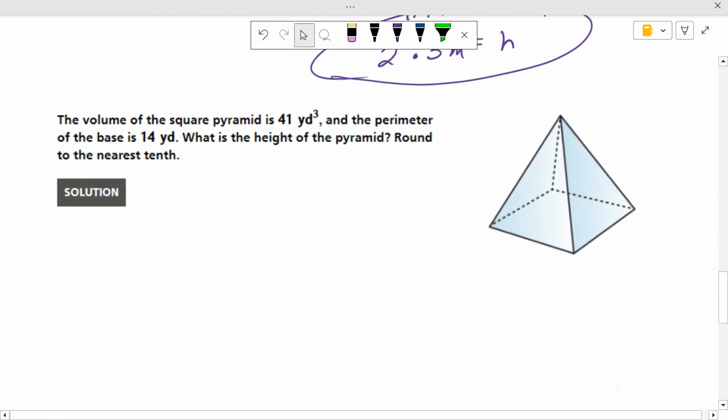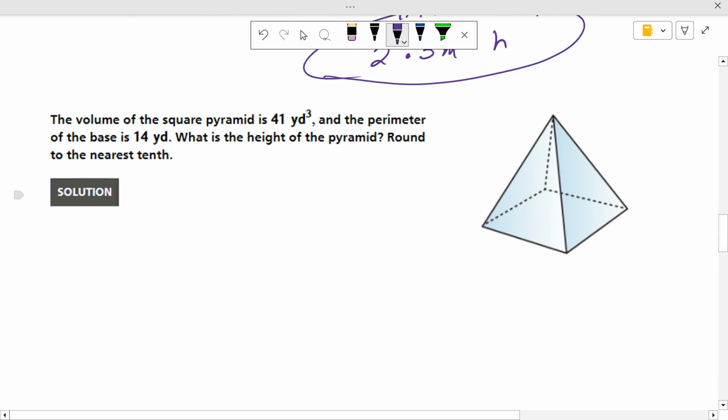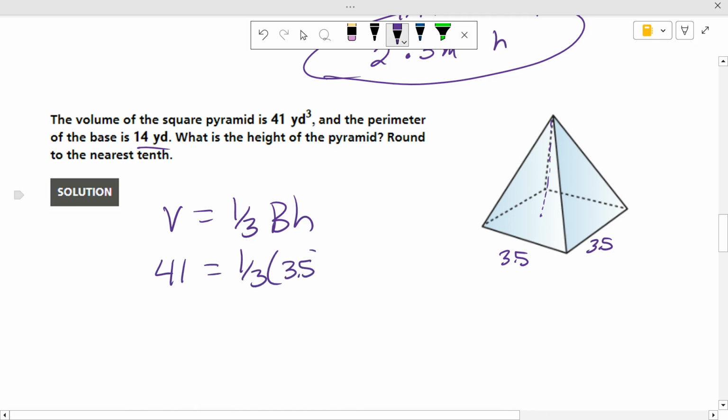The volume of this pyramid is 41 and the perimeter of the base is 14. What's the height of the pyramid? Same problem as last time. The perimeter is 14. So that makes each side how long? 3.5. So the volume of the pyramid is 1/3 the area of the base times the height. The volume, 41, equals 1/3 of 3.5 times 3.5 times the height. So if you take 3.5 times 3.5, that's probably 12, 13, 14, somewhere in there.